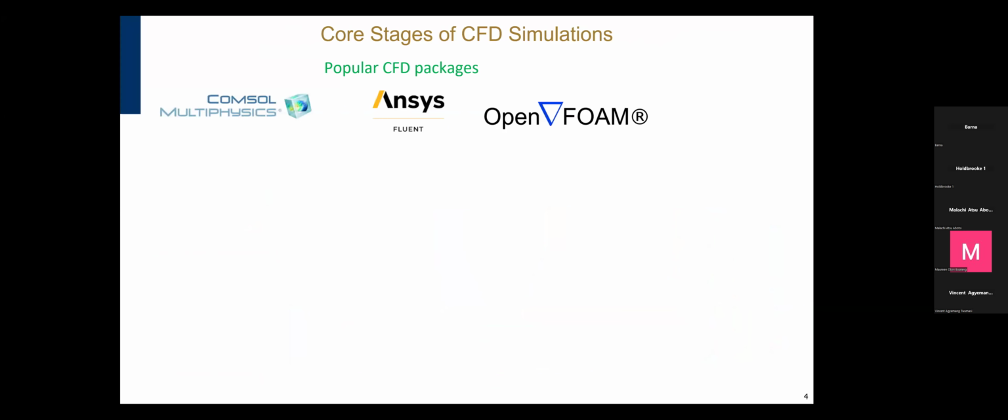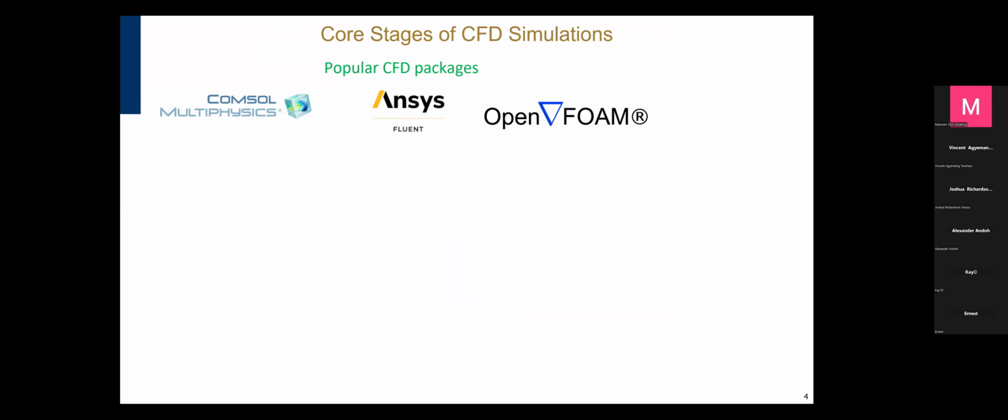You have COMSOL Multiphysics and also ANSYS Fluent, which are paid commercial packages. But one thing I must point out is that for ANSYS Fluent, there are student versions as well. You are limited to the number of mesh elements that you can use, but you can give it a try and see how that goes.